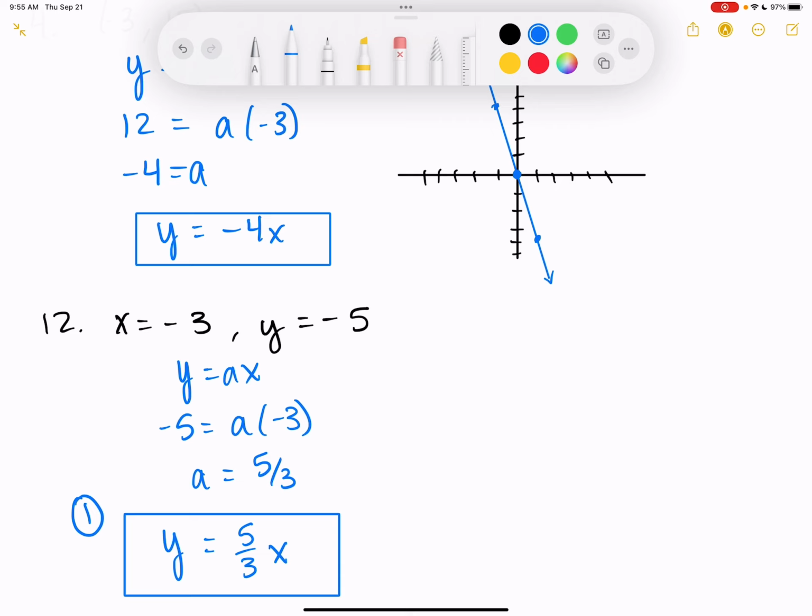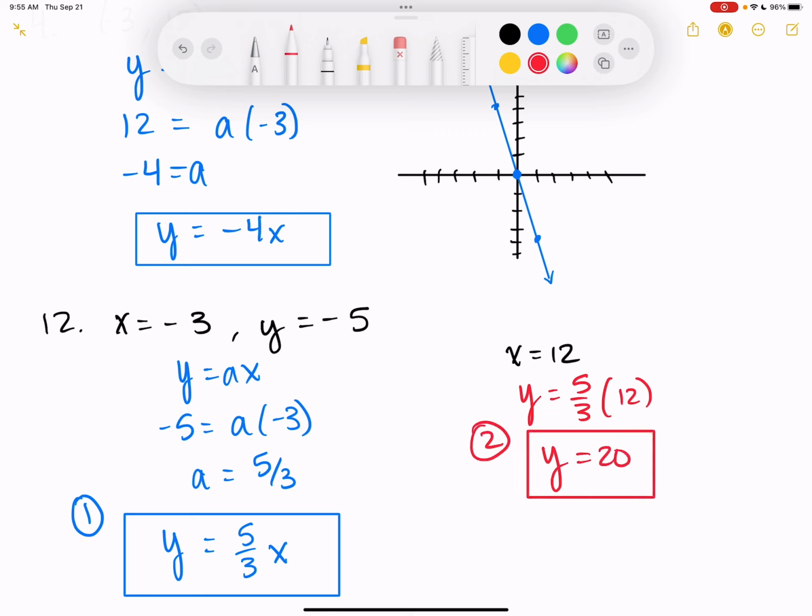So that's part 1. Then it wants us to solve for y when x is equal to 12. So then I just plug in 12. So y equals 5/3 times 12. And that ends up being 20.